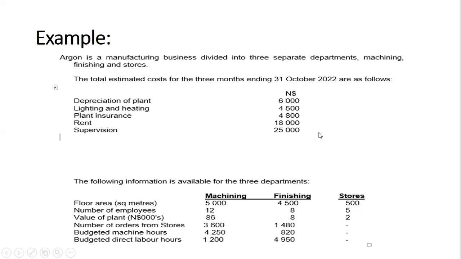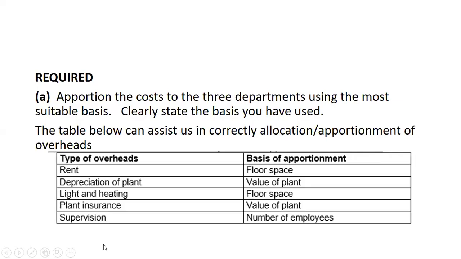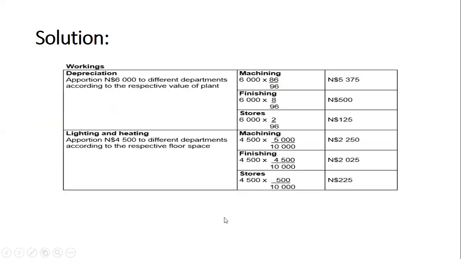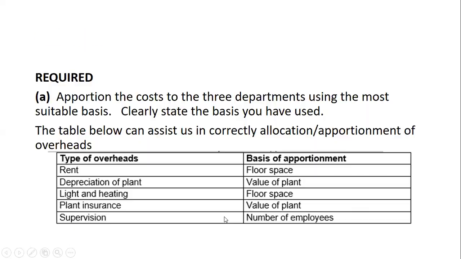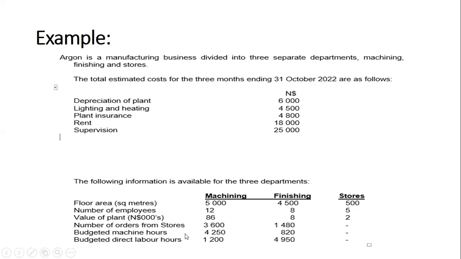For supervision, since we're using number of employees, what we have to do is take the number of employees, that is 12, plus 8, plus 5, that is 25.